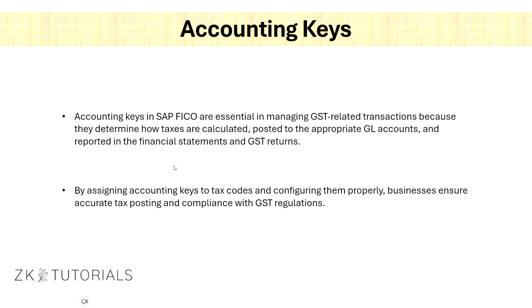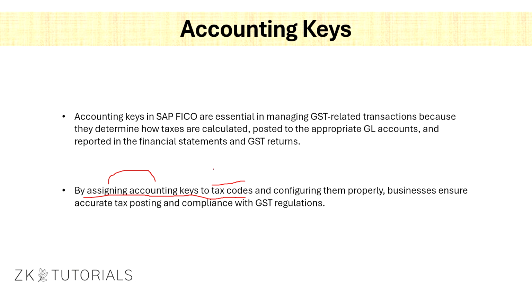Here, as I have already said in the previous video, tax processing keys is also called as accounting keys. Here, in the second line, we can see accounting keys to tax codes. That means by assigning accounting keys to tax codes, these accounting keys which we are creating now will be assigned to tax codes.